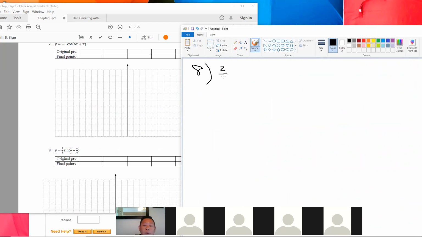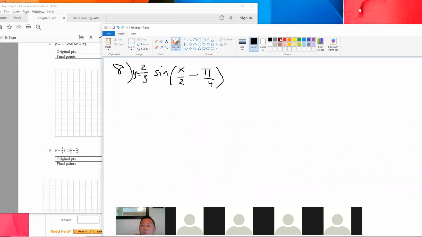So 2/3 sine x/2 minus pi/4. So can someone tell me what will be your A, B, C, and D here?